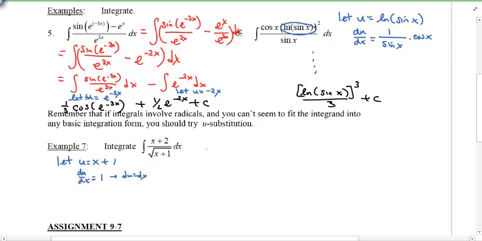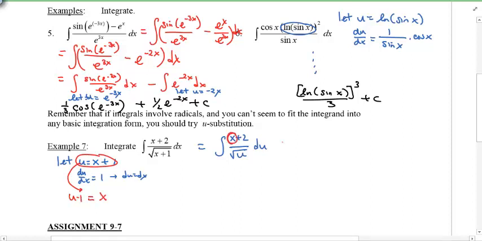And so if we just quickly did that, this will become the square root of u du, and you still have an x plus 2 in the numerator. And so the only way we can get rid of that x plus 2 is to really just solve for x from here. So x is actually equal to u minus 1.